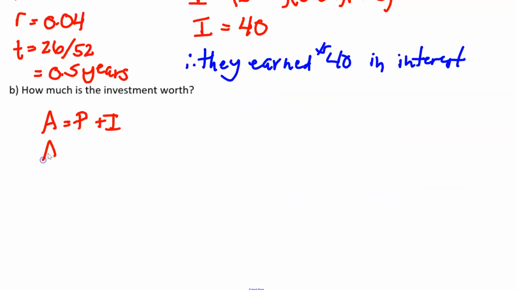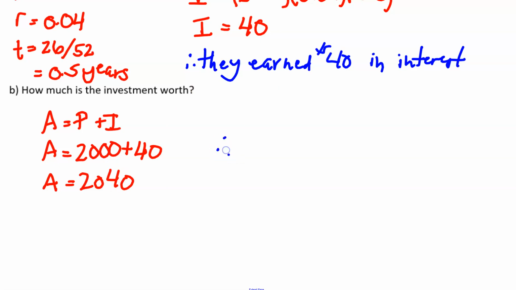So the amount that we have is the original principal, so $2,000, plus the interest we just earned here, which was 40. So the total amount that we have is 2,040. Always good practice to write a therefore sentence.